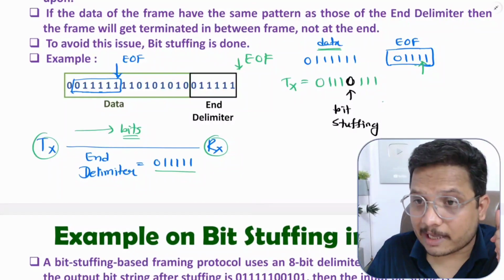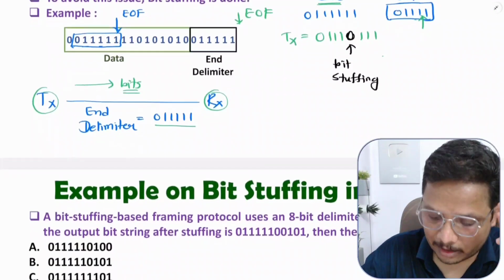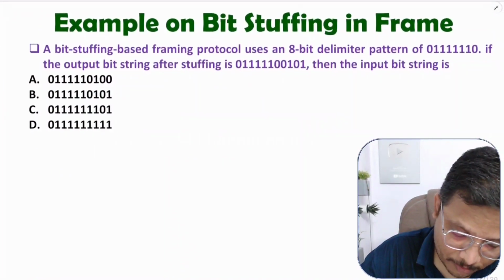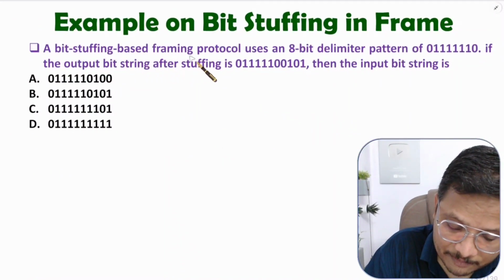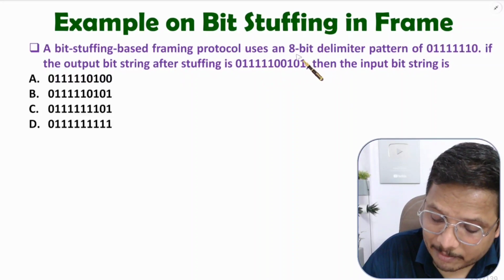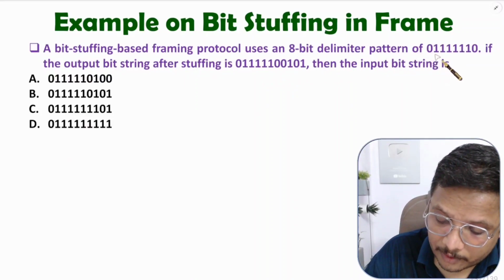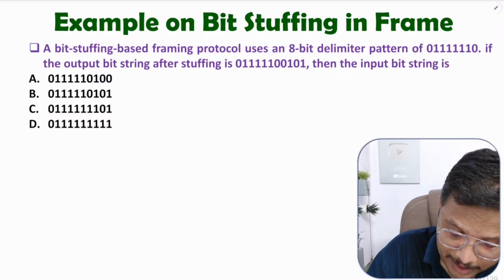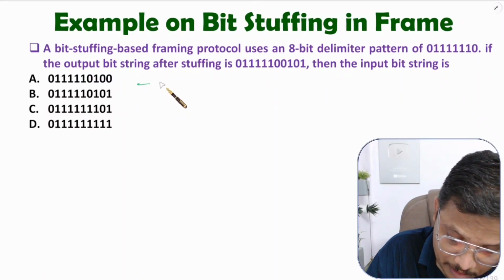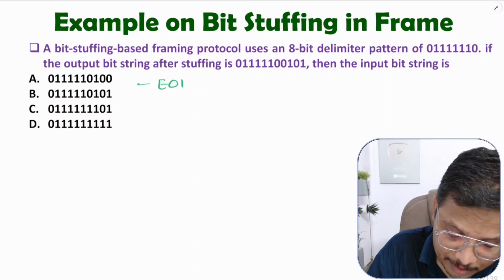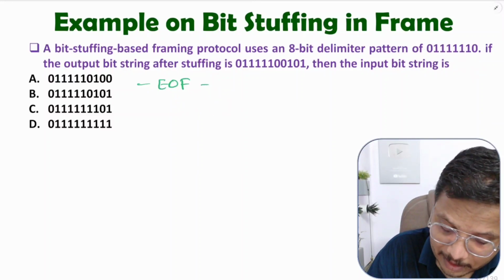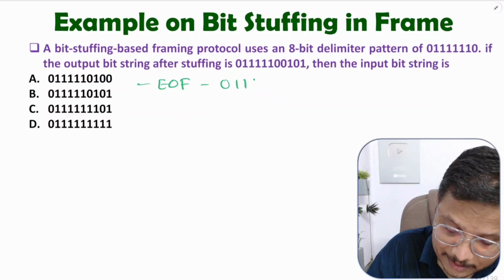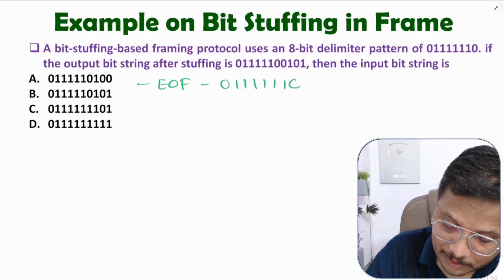Let me give you one practical example so that it will give you more clarity. Here, if you observe, a bit stuffing based framing protocol uses an 8-bit delimiter pattern of 0, then six 1s, and then 0. So the end of frame delimiter that is given is 0, then six 1s, then 0.